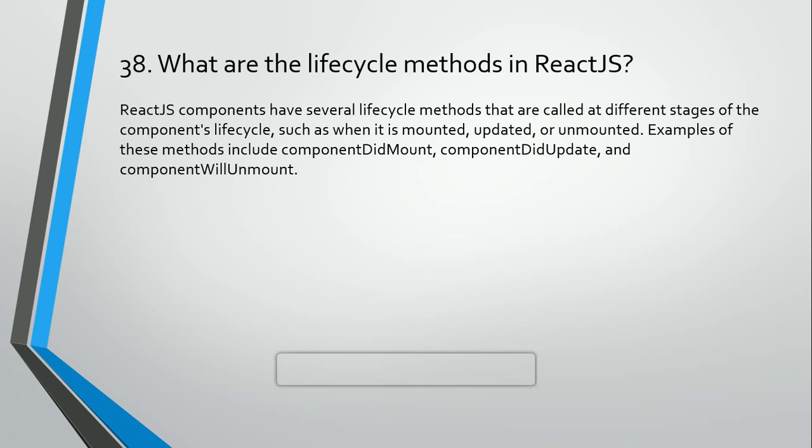For componentDidUpdate, if you pass a dependency array to the useEffect hook, it means we are achieving componentDidUpdate functionality in the functional component using the useEffect hook. And what about componentWillUnmount? To achieve componentWillUnmount, we use a return function inside the useEffect. So hope you got this.